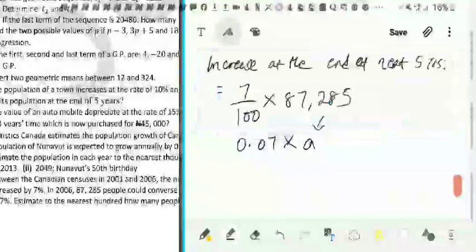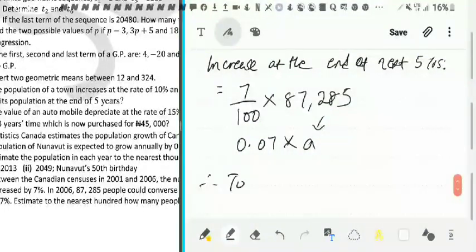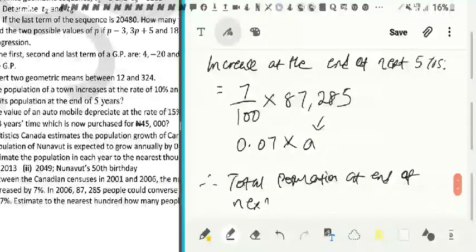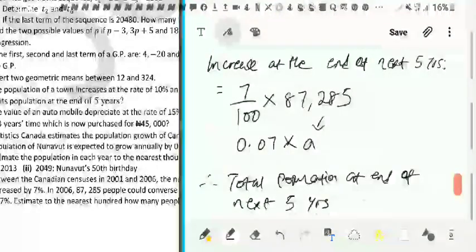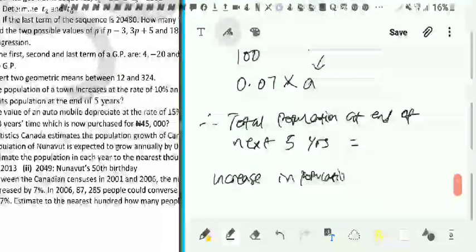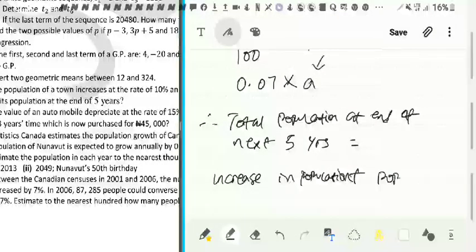So what's going to be the total population at the end of the next 5 years? It is equal to the increase in population plus the population at the start of the year.